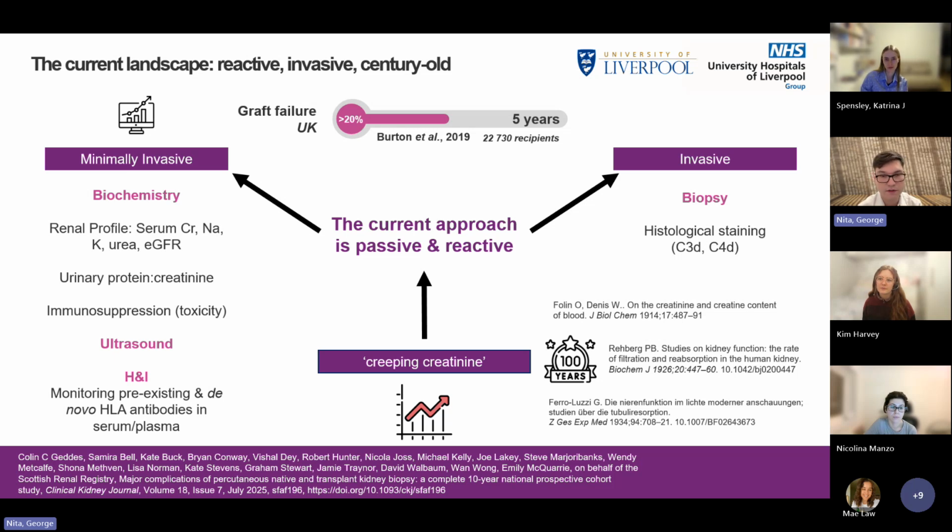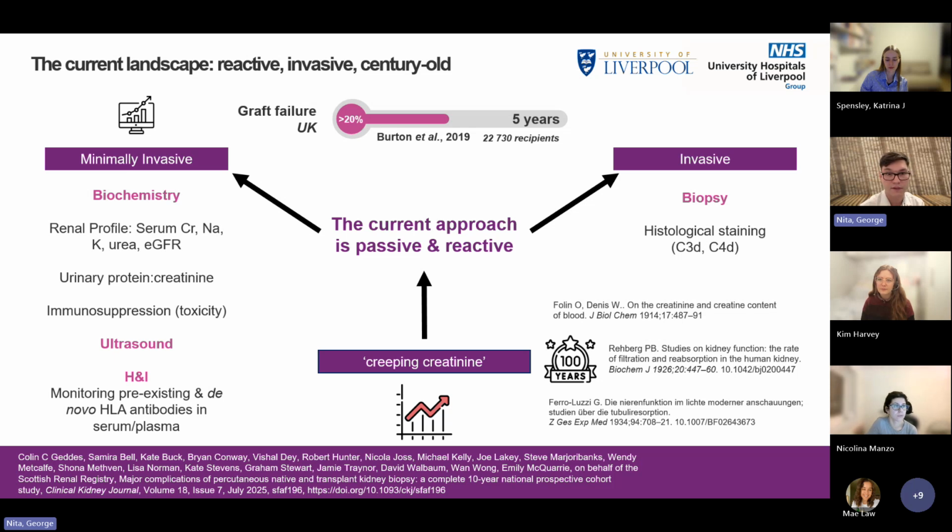Some of these complications are really, really bad, meaning that you may end up hospitalized for more than 1 day. You may end up needing a blood transfusion, which again will add insult to injury in terms of getting a second transplant, probably in the future. You may need further interventions. You may need even to be taken to theaters to control the bleeding.